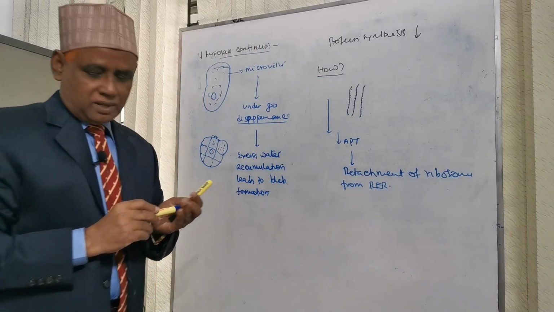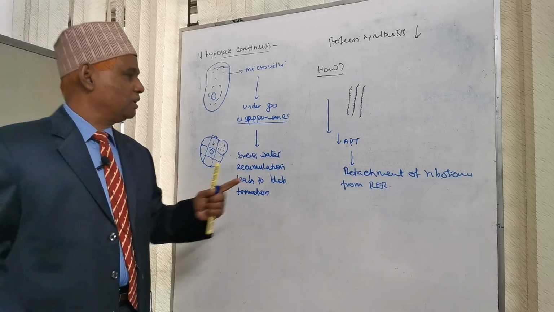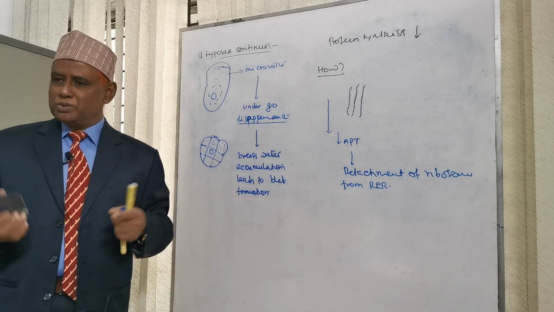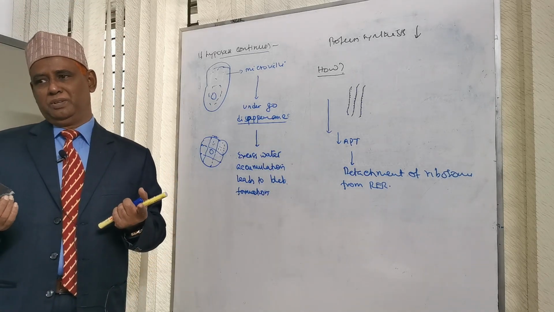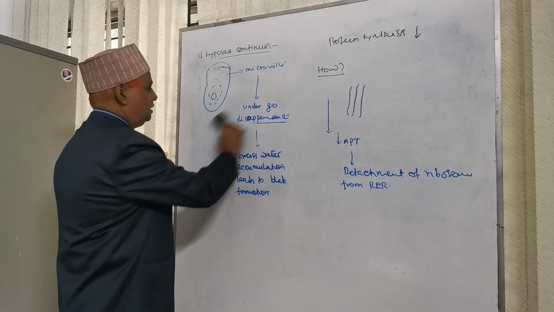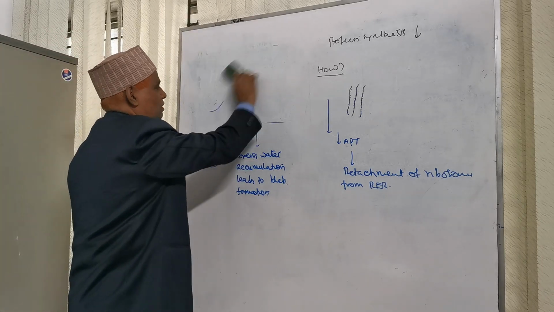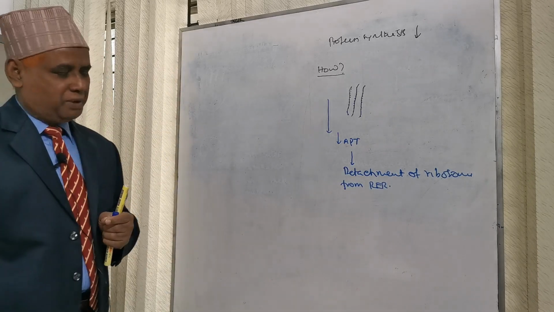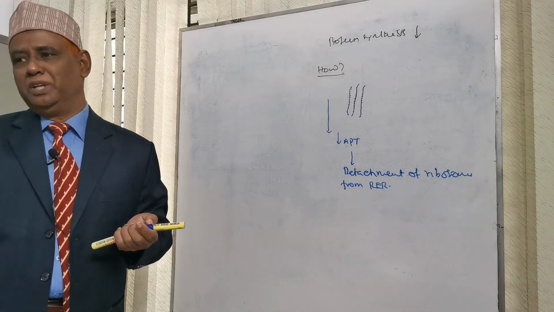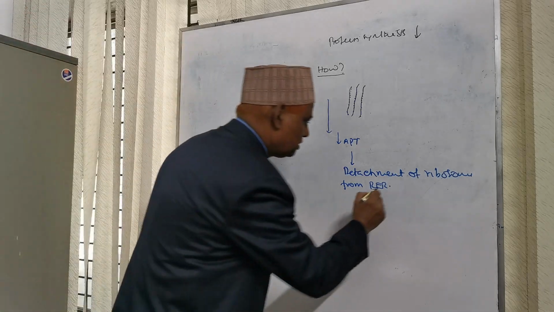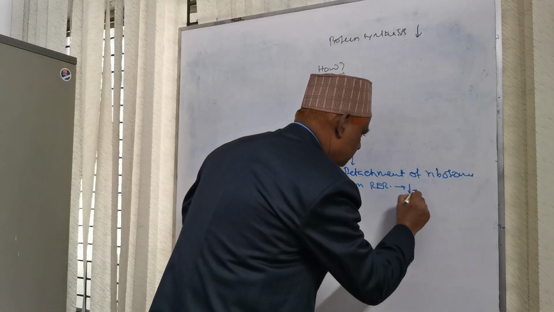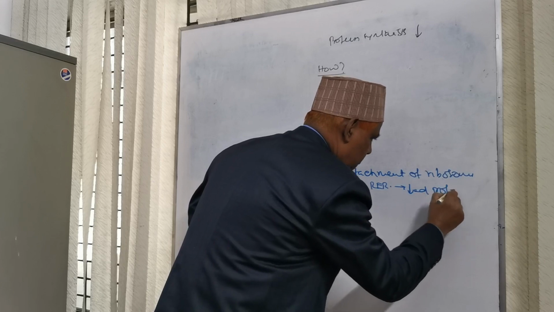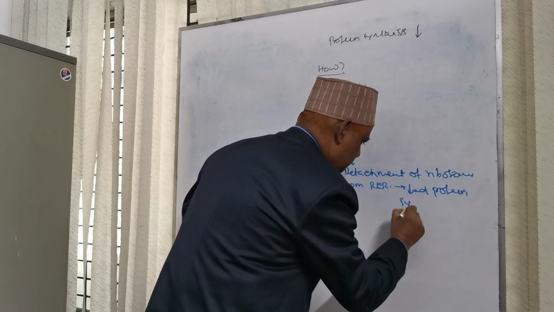And you know, the rough endoplasmic reticulum with the help of ribosomes is associated with protein synthesis. If there is detachment of ribosomes from the rough endoplasmic reticulum, what will happen? There will be diminished protein synthesis.